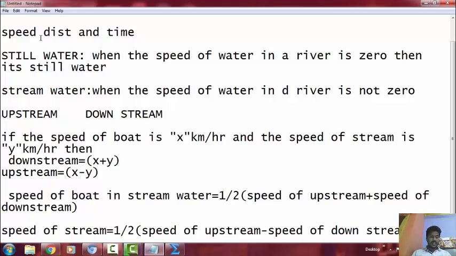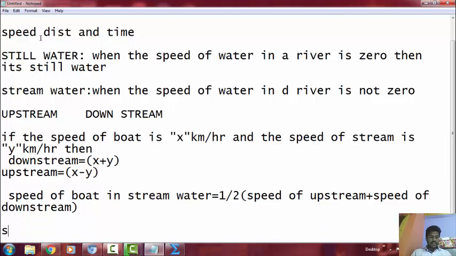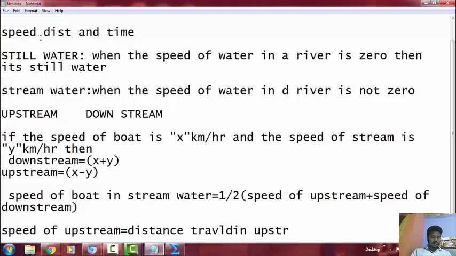Let me make it clear, guys. What do you mean by speed of upstream? It is equal to the distance traveled in upstream divided by the time taken. You need to substitute this each and every time.